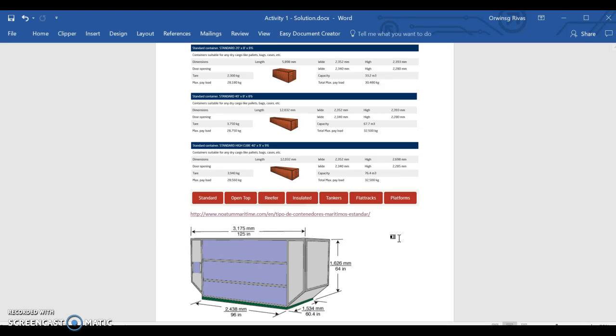Reefer for cargo which needs to be cooled or refrigerated. Insulated is similar to reefer, but this doesn't contain a reefer device. The tankers are for liquids. Flat racks don't have the top and don't have side walls, and the platforms are only the base.